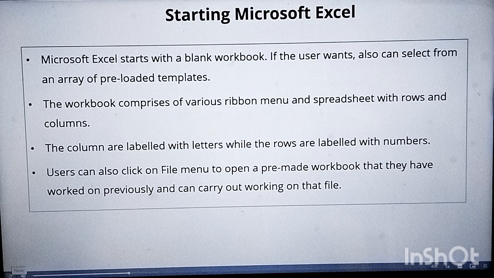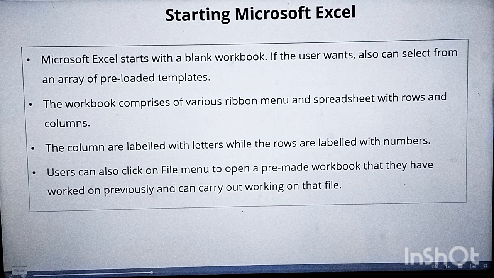Also, because it is in a tabular format, you will find rows and columns. Like Microsoft PowerPoint has slides and Microsoft Word has a document, here you will have a tabular format where there are small cells where you can insert numbers. Now the columns are labeled with letters while the rows are labeled with numbers. One thing here is that the version I am using is Microsoft Office 2021.